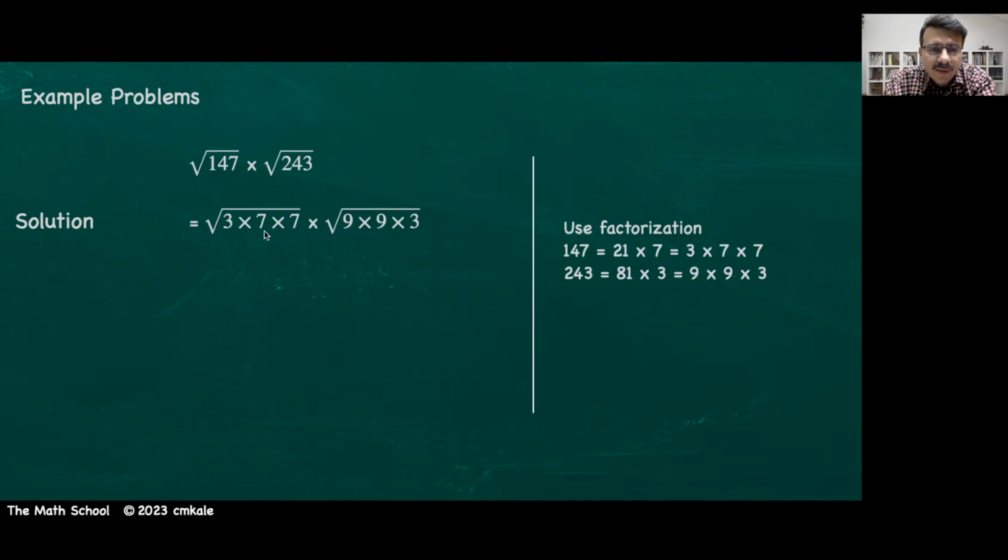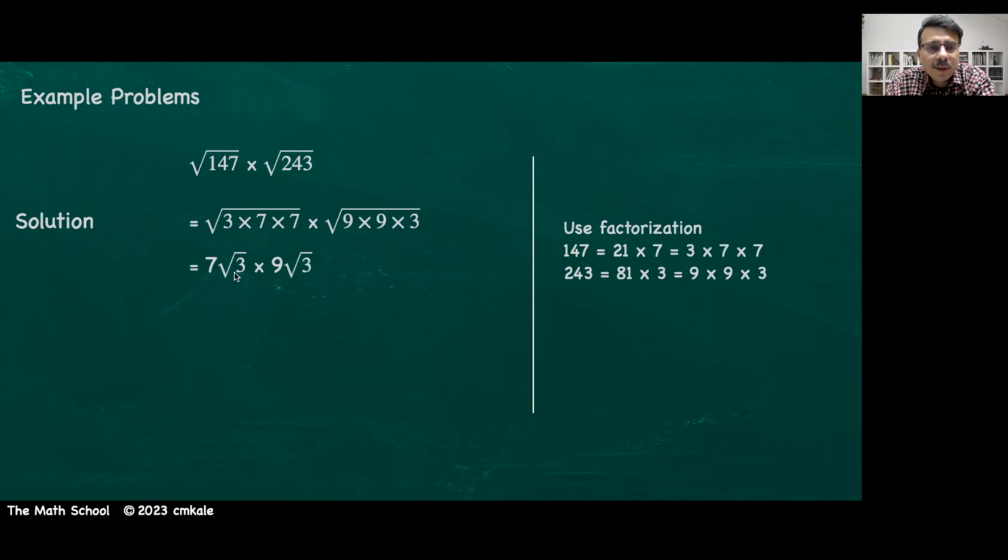Since we have a pair here, which is 7 square and 9 square, this will be split into 7 root 3 multiplied by 9 root 3. Why is the 7 moved out? Because you have two 7s under a square root, which is root of 7 square, which will evaluate to 7. Similarly, root of 9 square will evaluate to 9. And you remember the property we just studied. Each of these elements can be separated out.